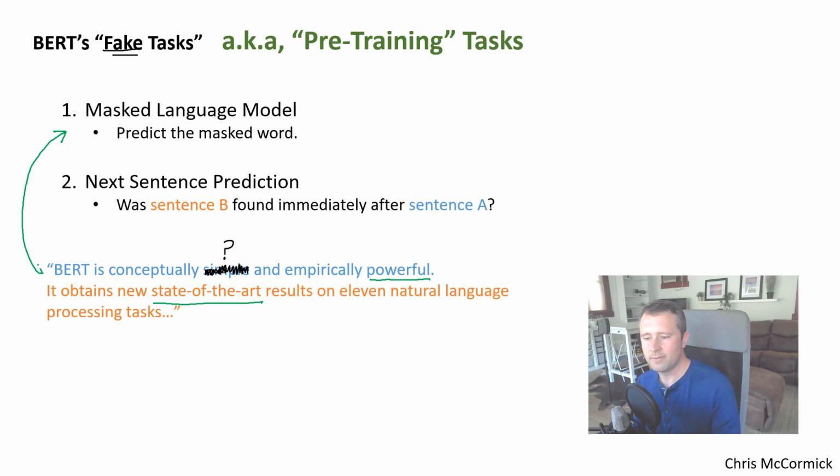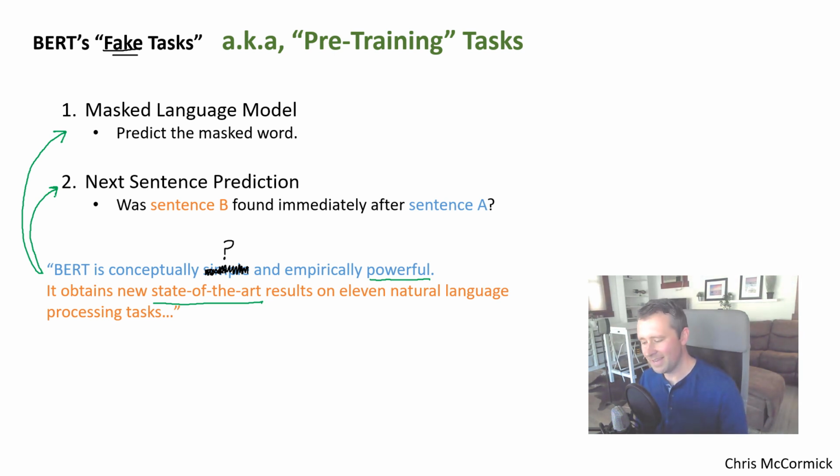Or you can give it 2 sentences and it will tell you whether those occurred consecutively in the text or whether they're not related. And those don't sound very interesting, right? Those don't sound like very useful tasks. So why is BERT so exciting if that's what it does?